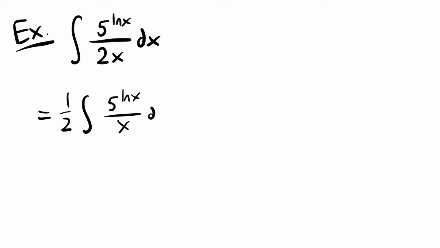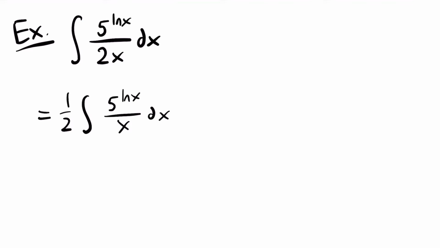This will be equal to 1/2 times the integral of 5 to the power of the natural log of x divided by x dx. And so now that we have rewritten our integral here, I see that we have an exponential function of 5 to the power of the natural log of x. And so now remember, when you see that you have an exponential function where the power is a function other than just x, in this case it's the natural log of x, you are probably going to want to set that function equal to u and use u-substitution.